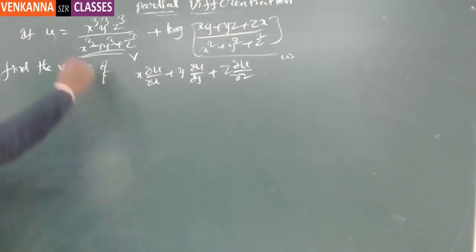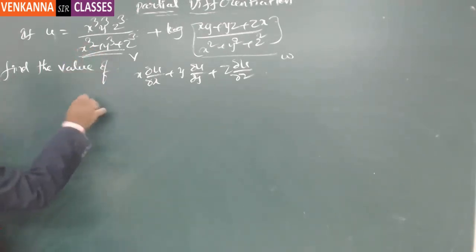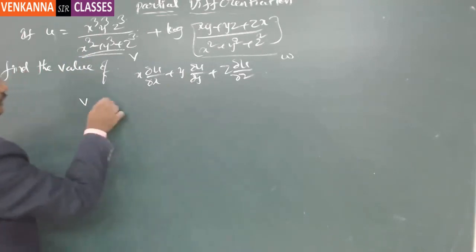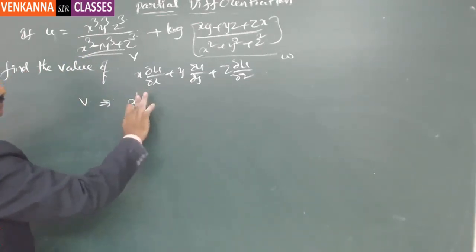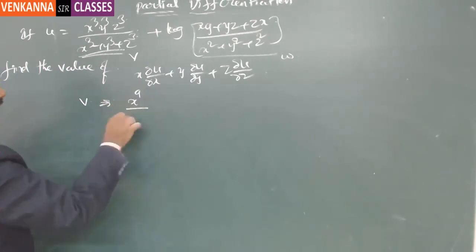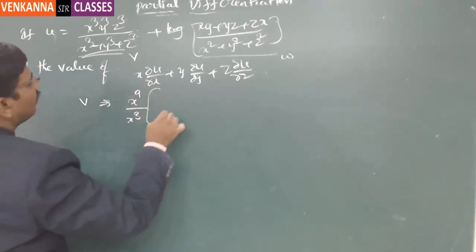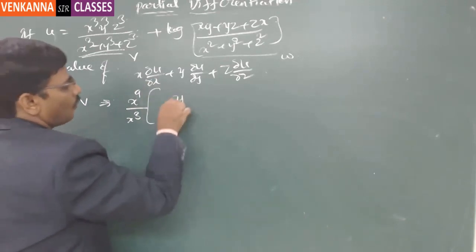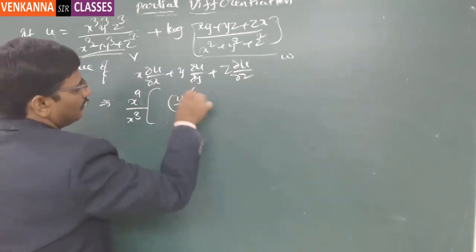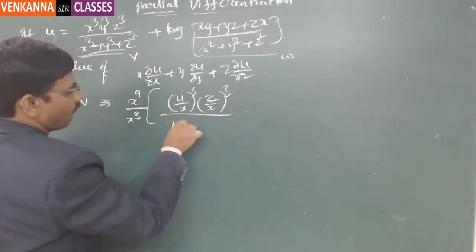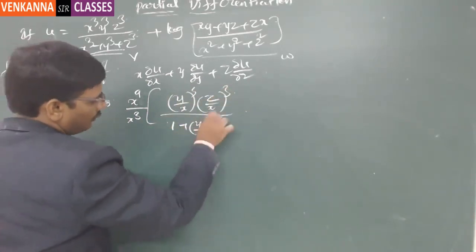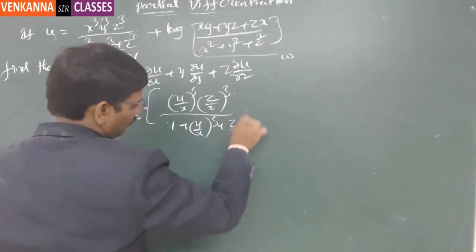Here this function we call V and this function we call W. Now V is nothing but x cube from the top and x cube from the bottom. If you take it out, this will be (y by x) whole cube into (z by x) whole cube divided by 1 plus (y by x) whole cube plus (z by x) whole cube.